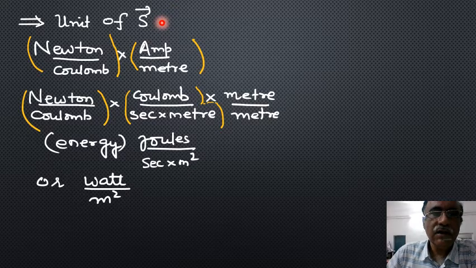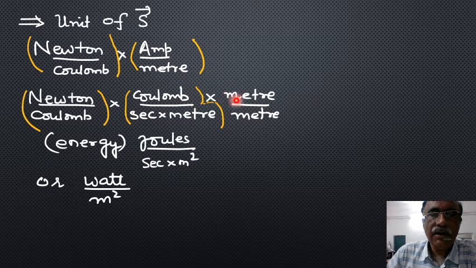For the physical significance of the Poynting's vector, we can calculate the units of the Poynting vector. So E has a unit of Newton per Coulomb and H has a unit of Ampere per meter. So Newton upon Coulomb into Ampere. For Ampere we substitute Coulomb upon second into 1 upon meter.